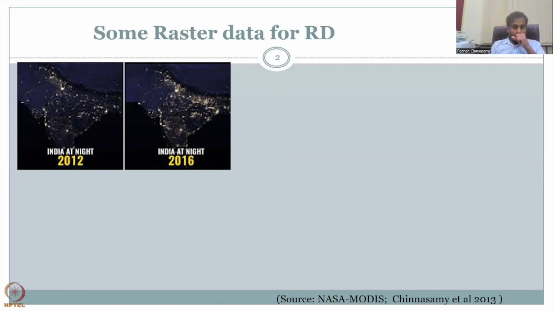So this image, while it does show that the urban centers are expanding, you can see the bigger dots in both the images are expanding, right? The bigger dots, Delhi, Chennai, Mumbai, all these major metropolitan cities are expanding.